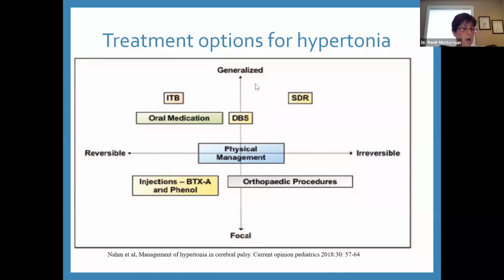As I mentioned before, I will predominantly address the interventions that are delivered by us as neurologists, but also where we as neurologists often have to channel. I will not go as much into the orthopedic procedures, and I will also not go into physical management because it's a huge chapter that is very important, of course, but it is beyond the scope of my talk today.